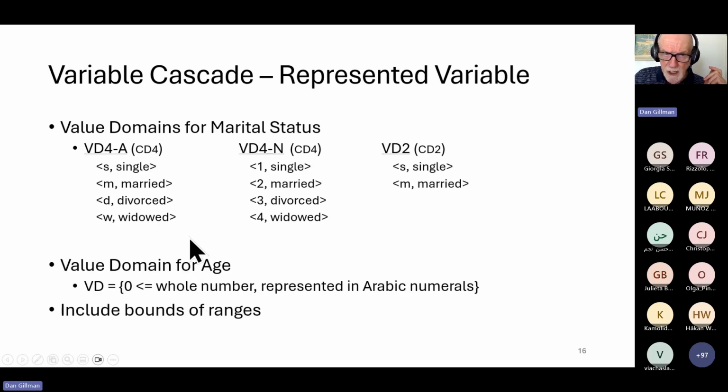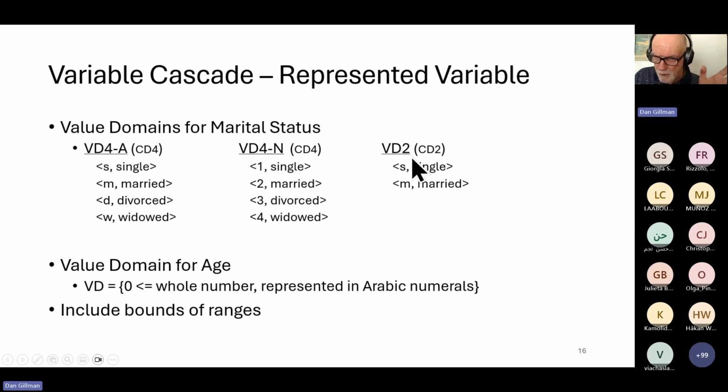So if we continue then with the marital status categories, we see that we can represent the marital statuses in different ways. So using the four category marital status, we can use the S, M, D, and W representation, or the numerals 1, 2, 3, and 4.